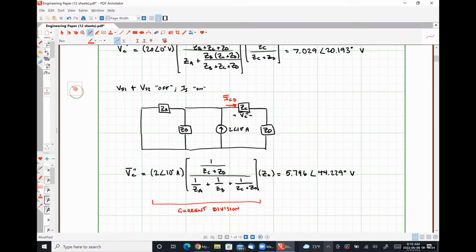Figure out how much current branches off from that 2 angle 10 degree source and flows to the right through the branch that contains the impedance ZC and ZD in series, which is why in my numerator I have 1 over ZC plus ZD. And because we're applying current division, our denominator should then be 1 over the impedance of each of those branches.